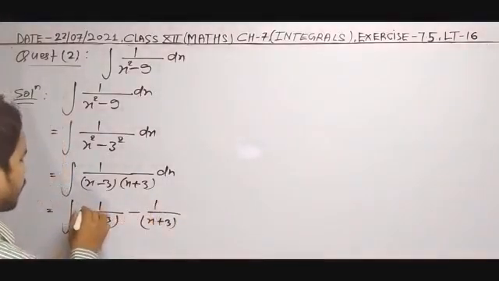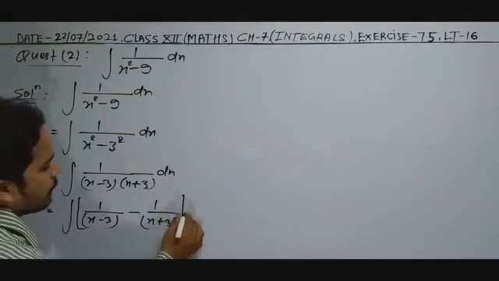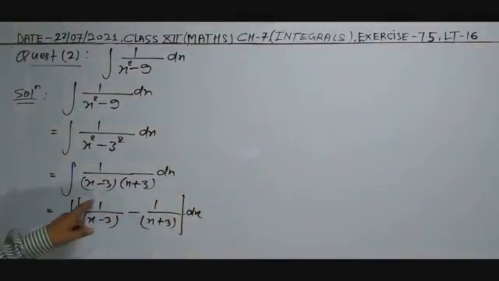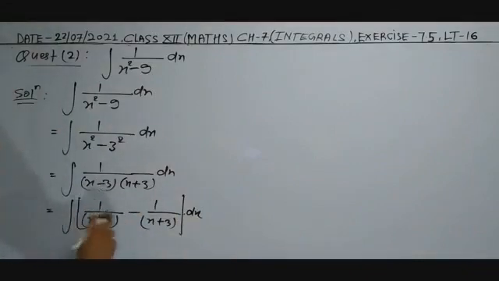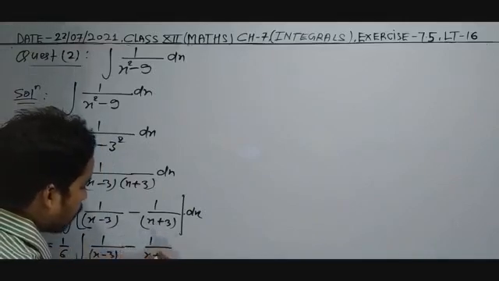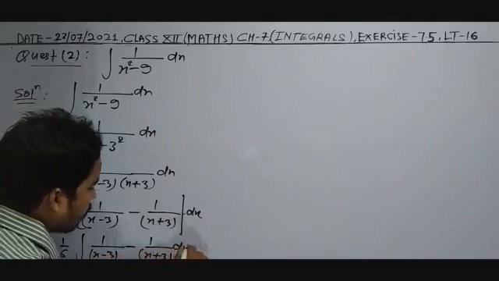So when you take the LCM, what result do you get? You get (x plus 3) minus (x minus 3), so in the numerator there will be the value 6. So for balancing you can write 1 by 6 into 1 upon x minus 3 minus 1 upon x plus 3 dx.